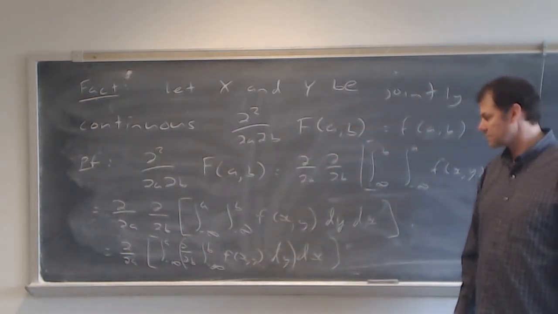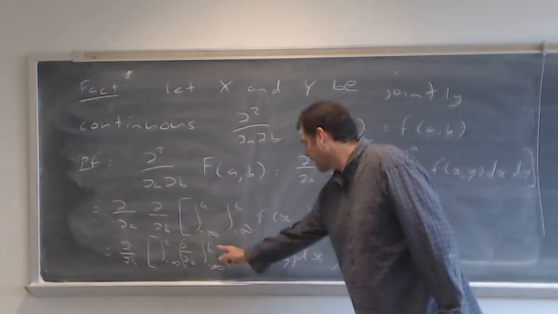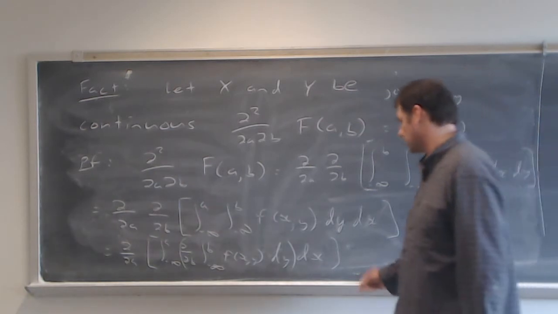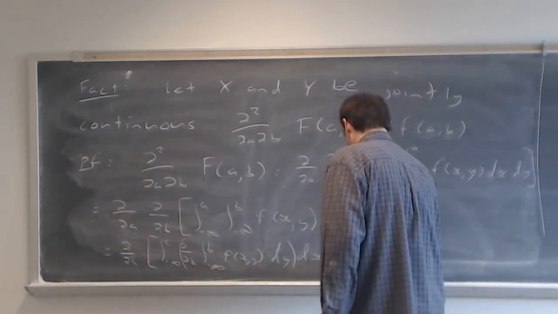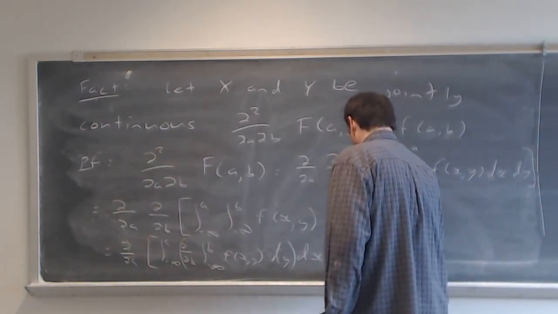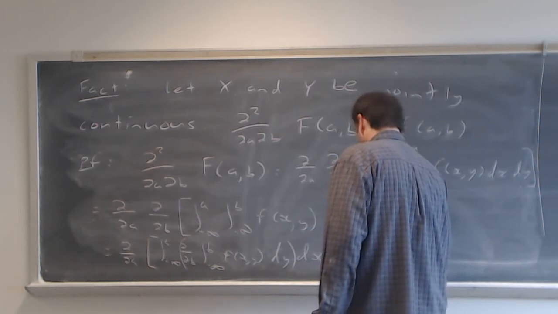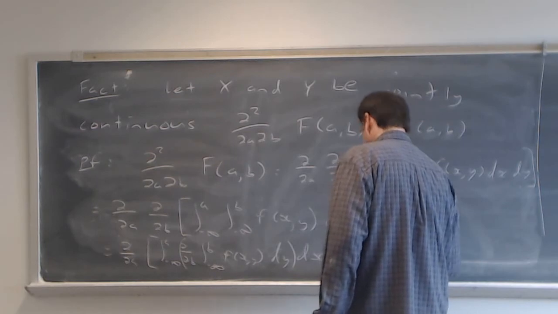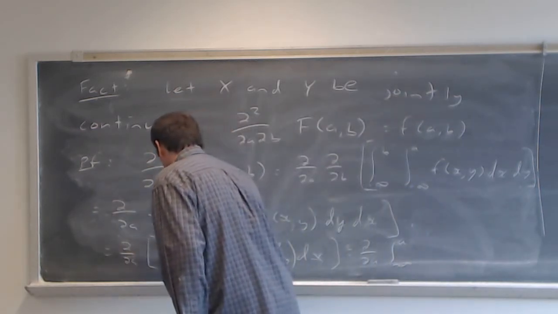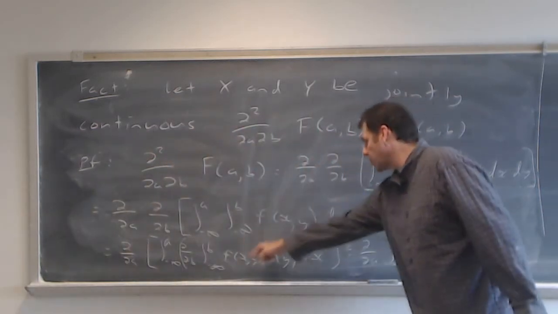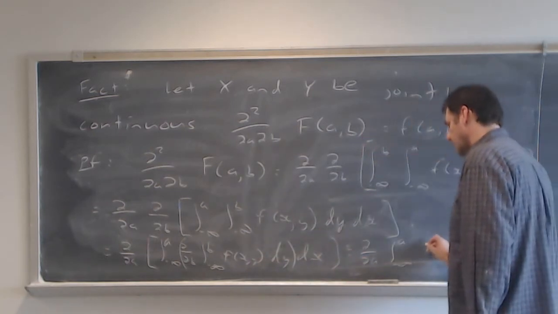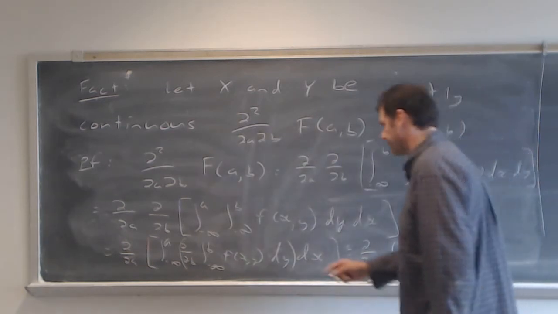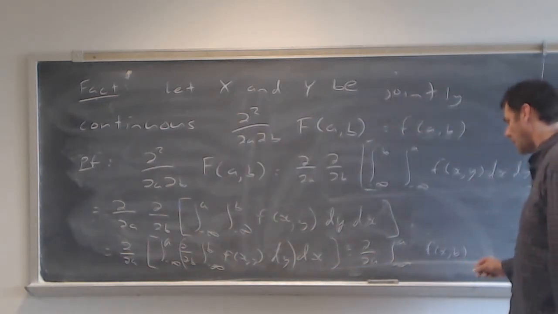With that being what's occurring here, this partial derivative, using the fundamental theorem of calculus, becomes the derivative with respect to A of the integral from minus infinity to A, and now this part, using the fundamental theorem of calculus, becomes f(x, B), and we just stick in B. So that's what happens to that integral.